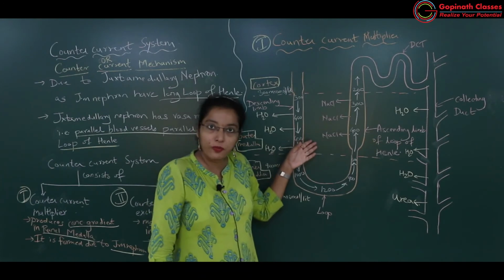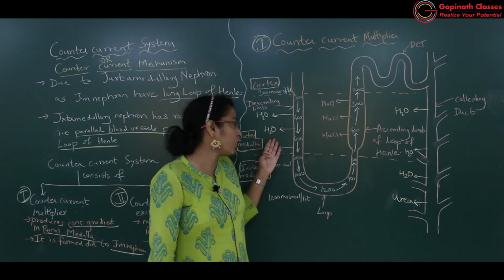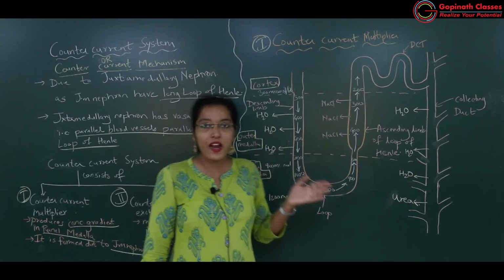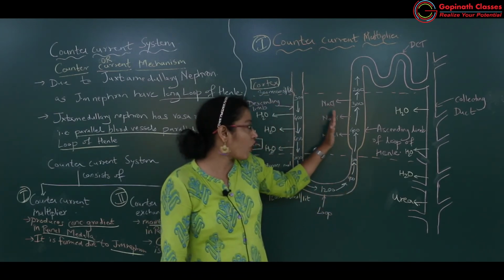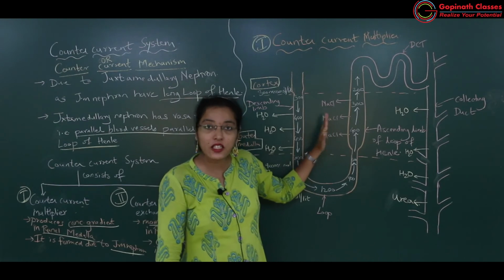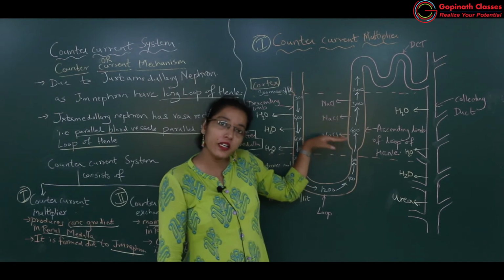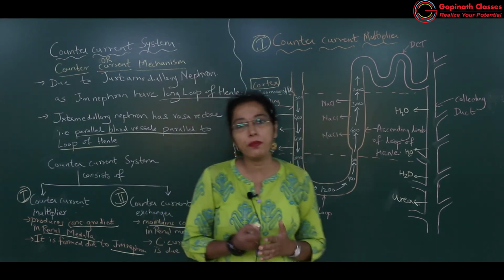And whatever concentration gradient is developed here, it is responsible for release of the water from the descending limb to maintain water and salt balance. So ये जो ions ज़्यादा हो गए, these ions have to enter the blood and from blood again into the loop of Henle. So how will it take place?